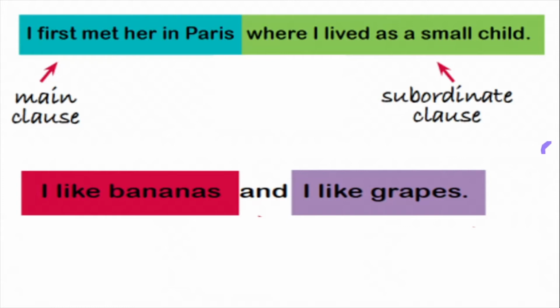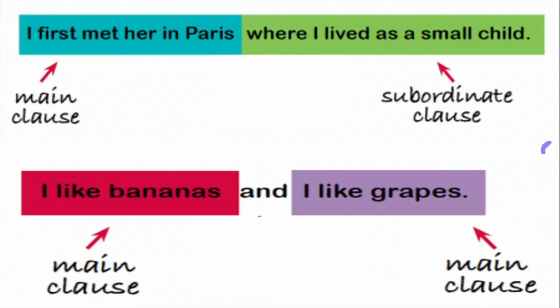"I like bananas" means I'm fond of bananas. Look at the second part in purple. "I like grapes." Here also it is complete. That means in this particular sentence, there are two main clauses and there is no subordinate clause. So this can also happen. Alright. So here there are two main clauses.